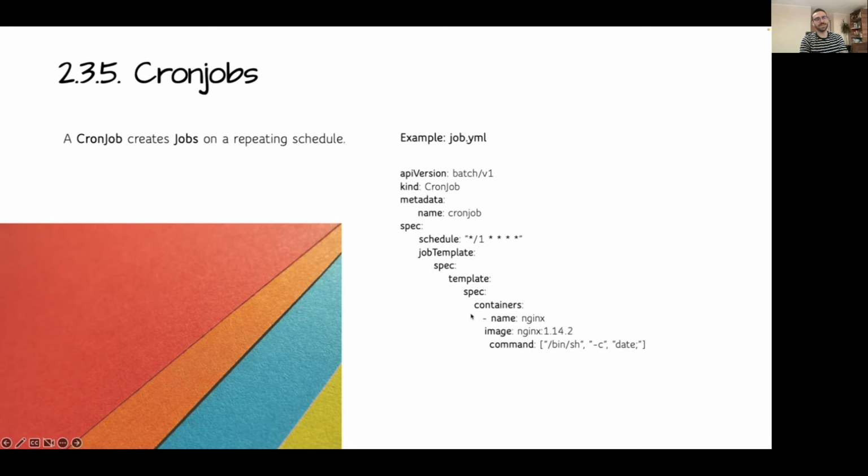And actually here the example will write the date, I think each second or each minute, I'm not really sure, I don't really know the cron syntax by heart. But as you see, it actually has a field called job template, which in turn has a template with an actual pod here.